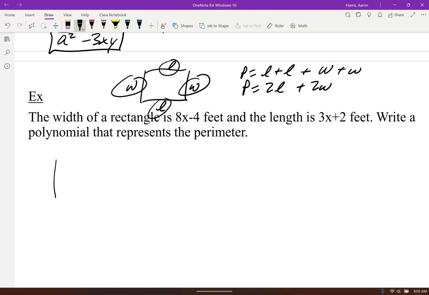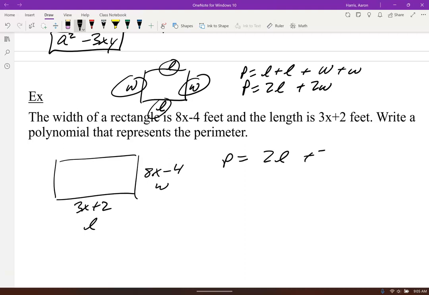Well, what if we have the width of a rectangle being 8x minus 4, and then its length being 3x plus 2. So this is our length, that's our width, right? 2 length plus 2 width. So the perimeter would be 2 times that length. Well, the length is 3x plus 2, they tell us, plus 2 times the width. Well, the width is 8x minus 4.